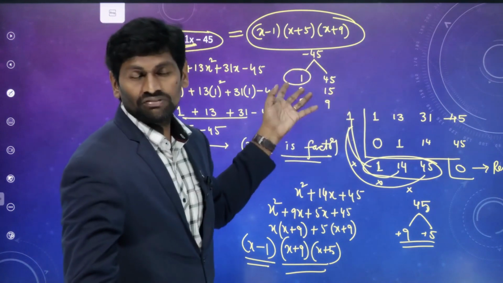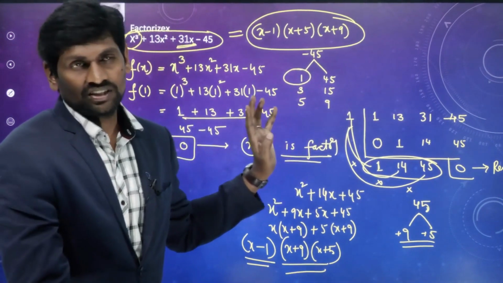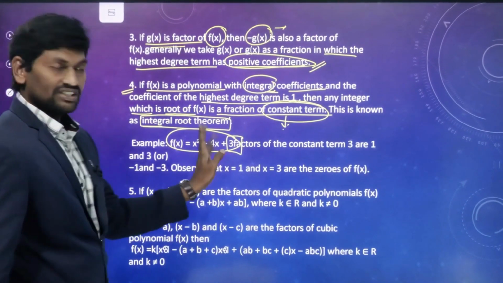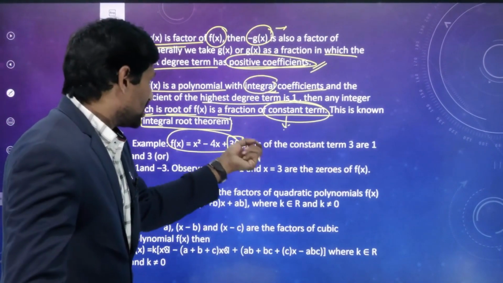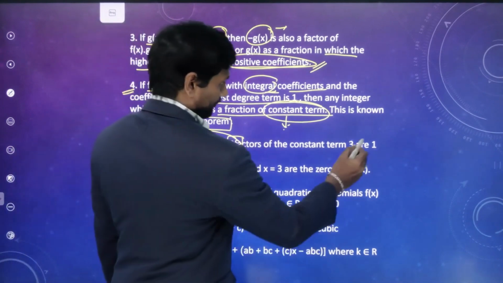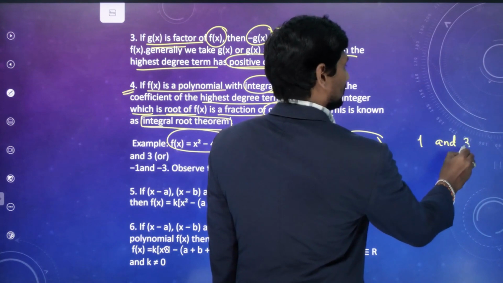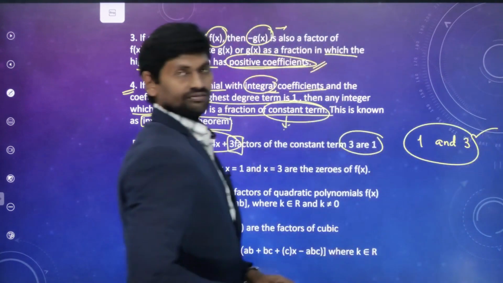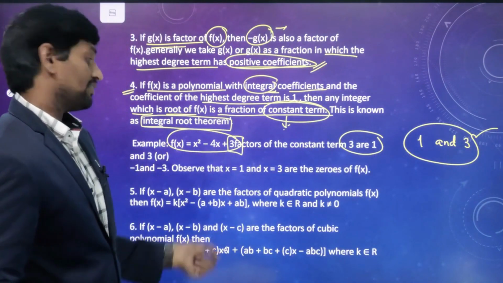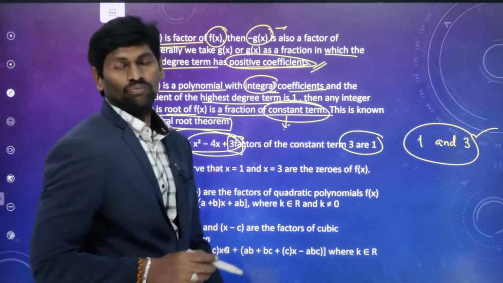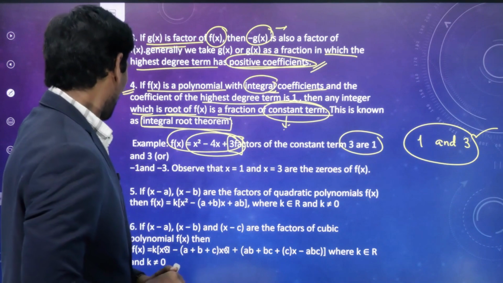When we substitute them, we will get the suitable factors. In the same way, for a quadratic polynomial also, we have to consider the constant term. The constant term is 3. Its factors are 1 and itself. So both will be the factors. It works out only for some quadratic polynomials, not for all.